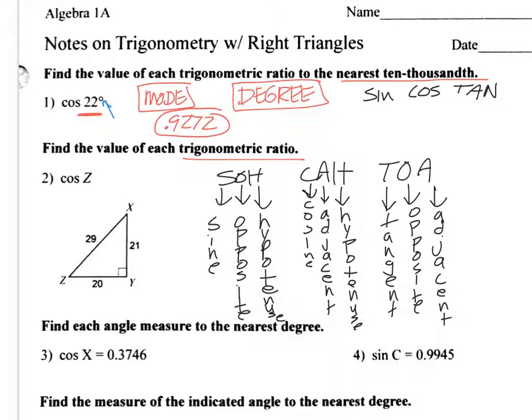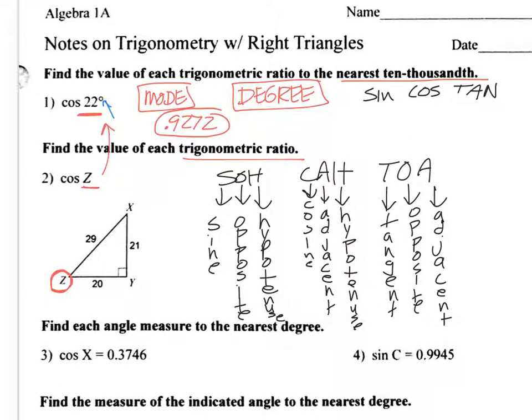Okay, now, when we look at cosine, when it says write the trig ratio, it's always based on the angle itself. So in this case, our angle is Z. Back in the previous problem, they actually gave us a numeric value for the angle, 22 degrees. But in this case, they're using the variable Z. One thing to note, capital letters always represent angles. Lowercase letters represent sides.